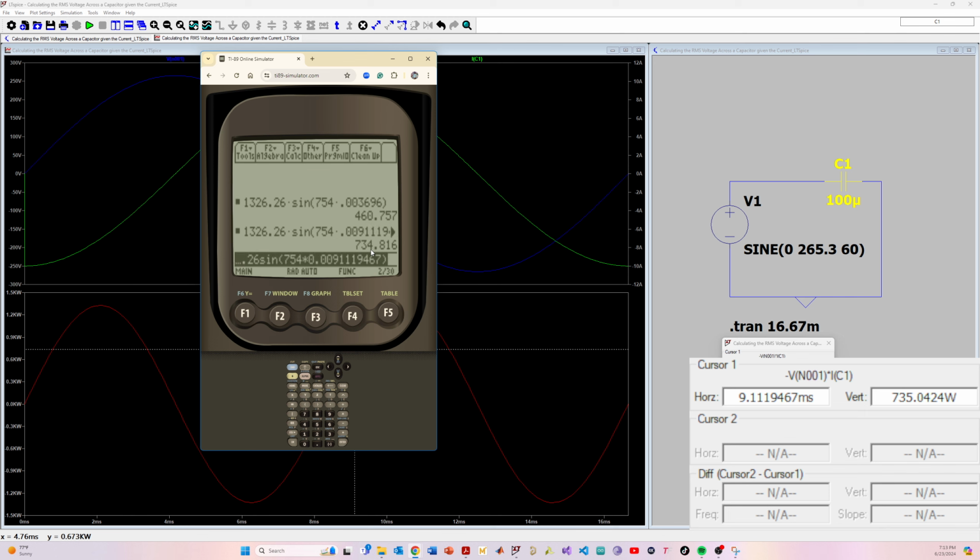So that would give us, as you can see, 734.8. You round that up, you get 735 watts. So that is how we would find the instantaneous power. So that is the power at instantaneous times.